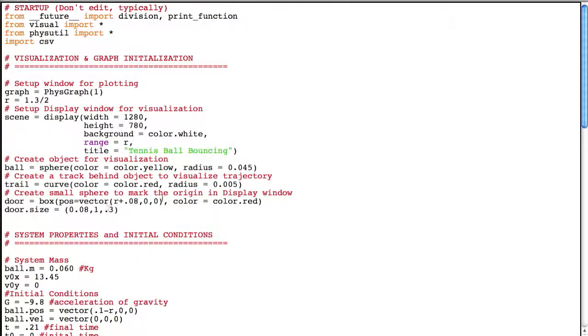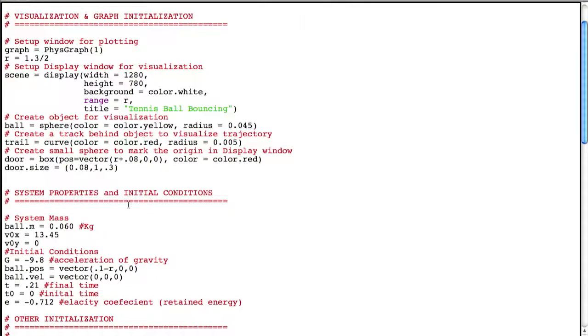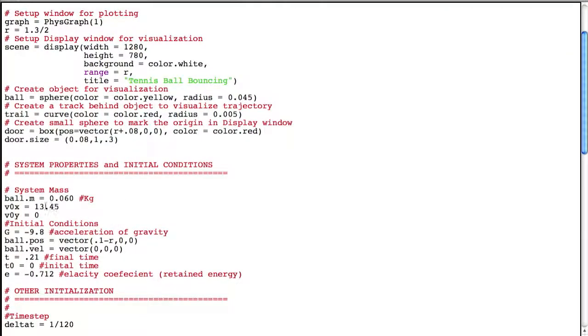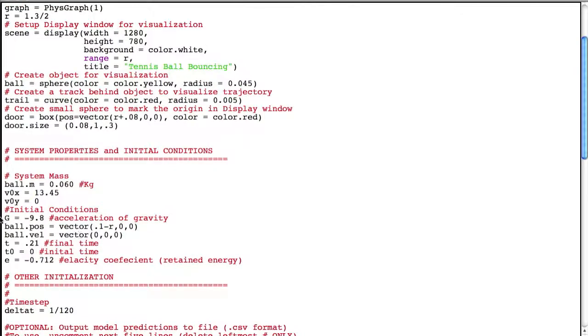Here are some other values: the radius of the ball, the size of the door. Here's the velocity of the ball. Here's the acceleration of gravity. I had this in for extra dynamic. The initial position of the ball is 0.1 meters to the right of the screen.